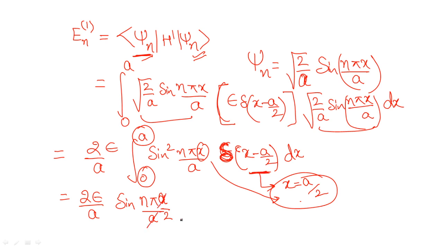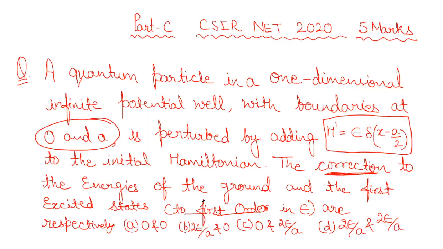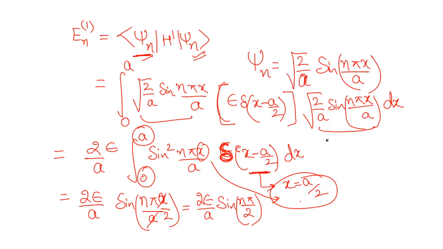Then A cancels out, and the final expression is 2 epsilon by A sine square n pi by 2. Now you want to find the first order correction to energy for the ground state. For the 1D box formula we have used here, the ground state is n equal to 1.